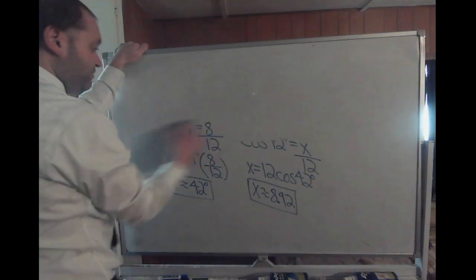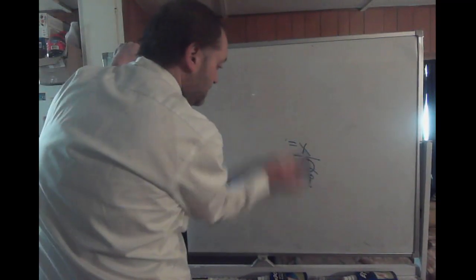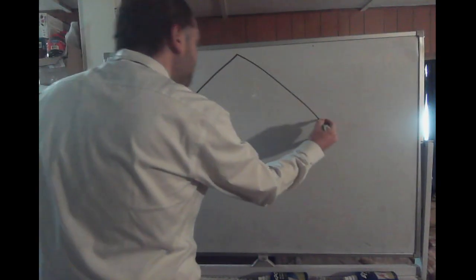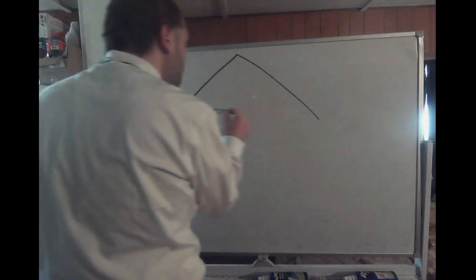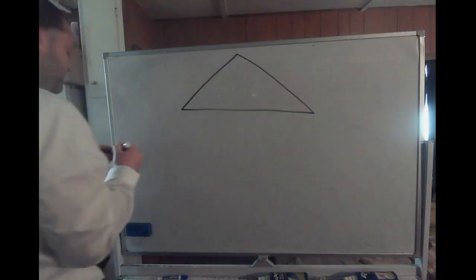Trigonometry can leave room for different approaches of how to solve the same problem. I think you'll find that. 2 more problems here. Let's see what we get this time.